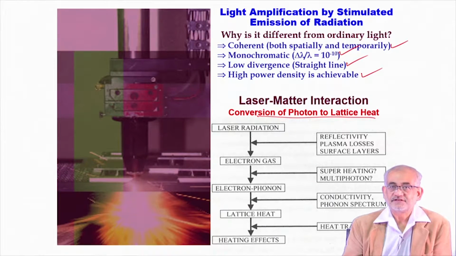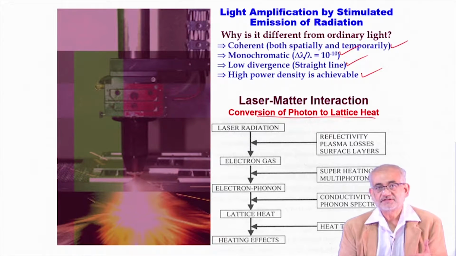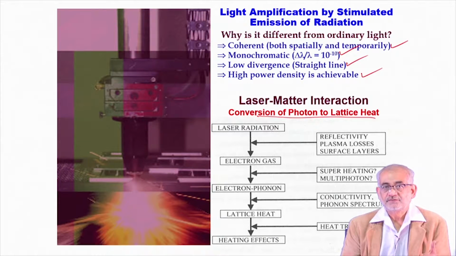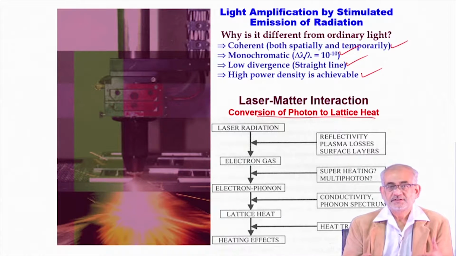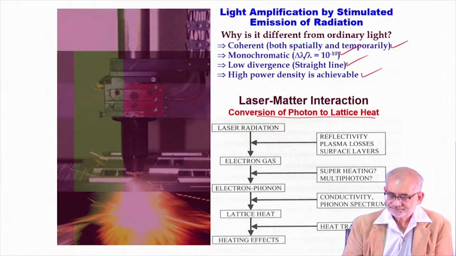But in case of excimer or diode, it could be sub-micrometer, so several hundreds of nanometer. And one can actually vary by various kinds of frequency doubling mechanism and so on.